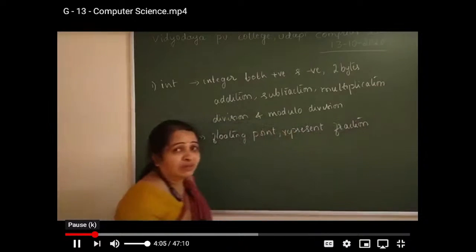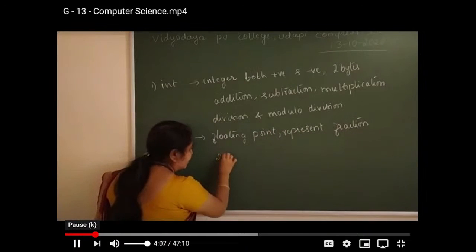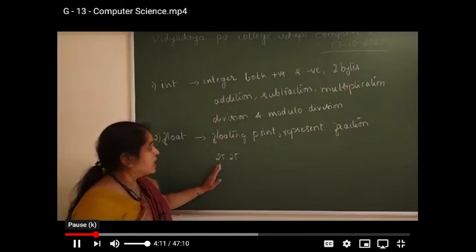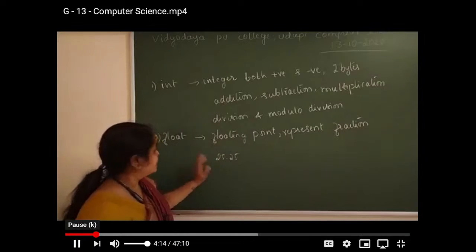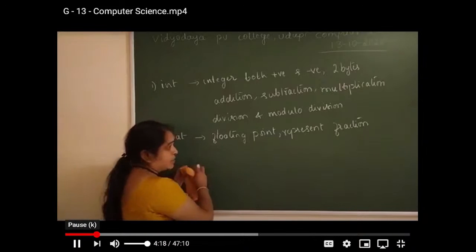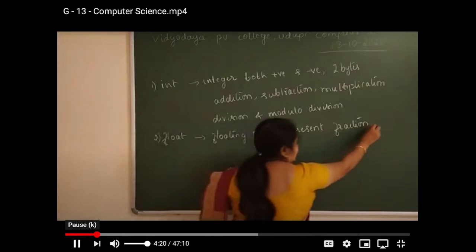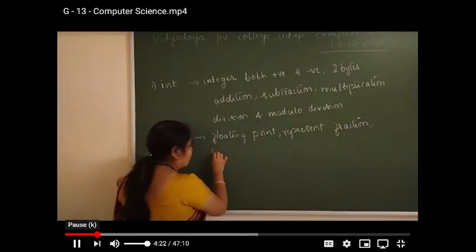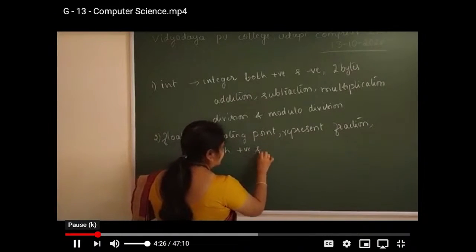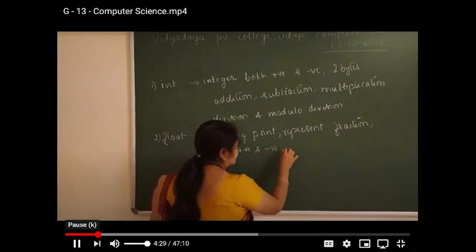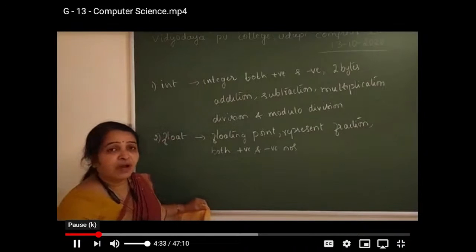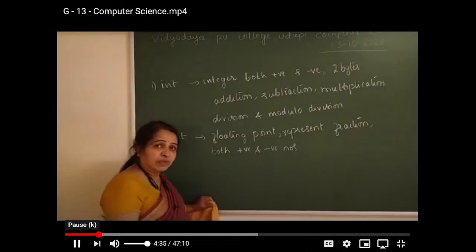The numbers with the decimal point, for example 25.25, can be represented by using the float data type. They also can be used to represent both positive and negative numbers.